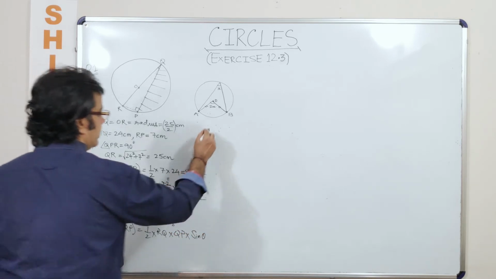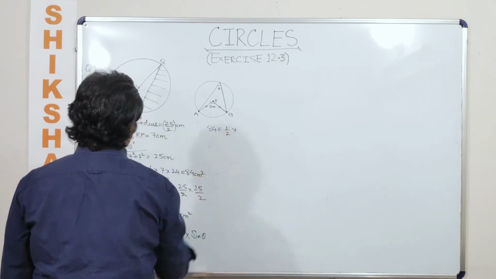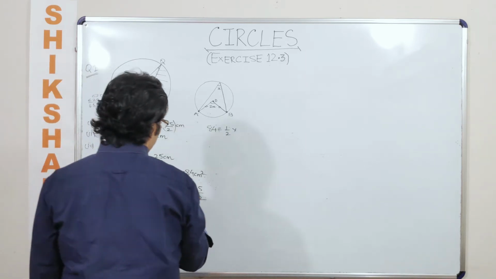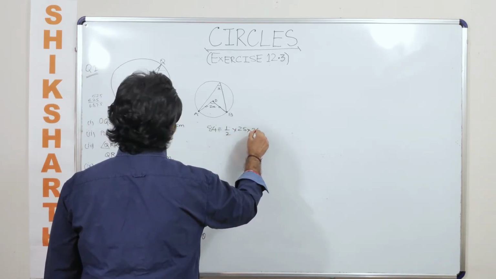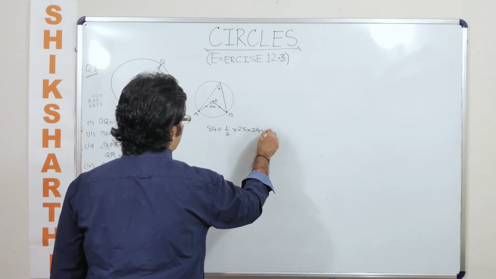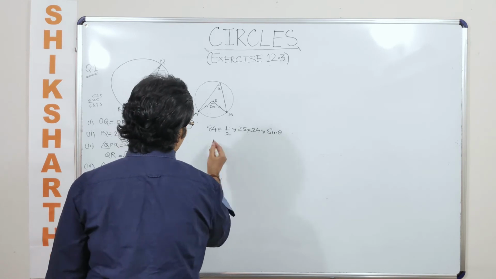And since you already know the area, which is 84, from here we'd be able to say this is half of RQ. Now how much is RQ? We got it as 25 into 24 into sine theta. This is what we get. So from here we'll be able to get the value of theta.